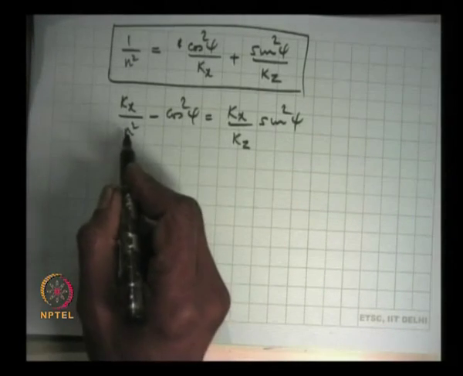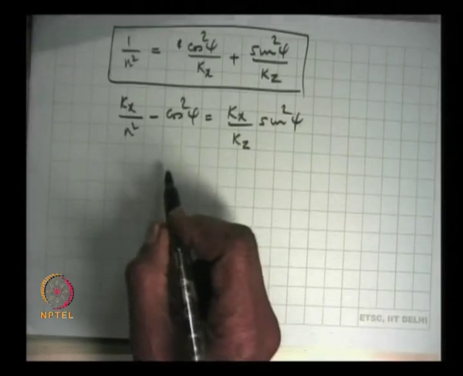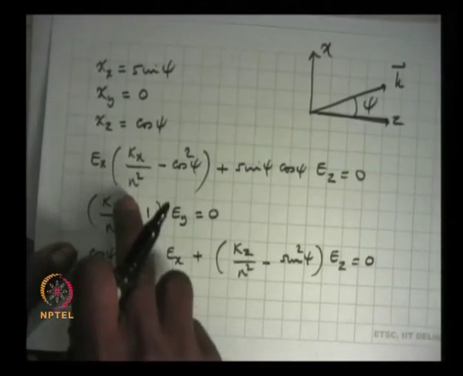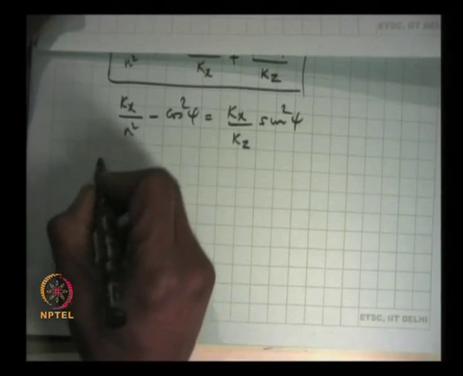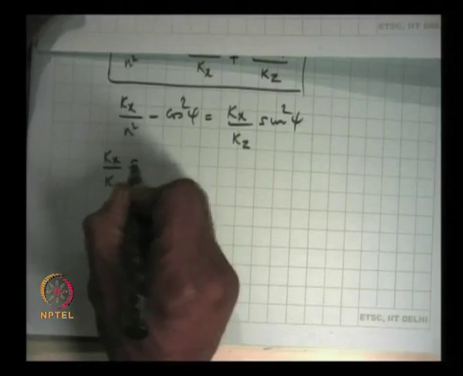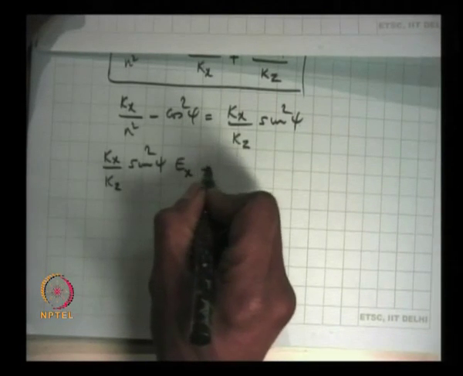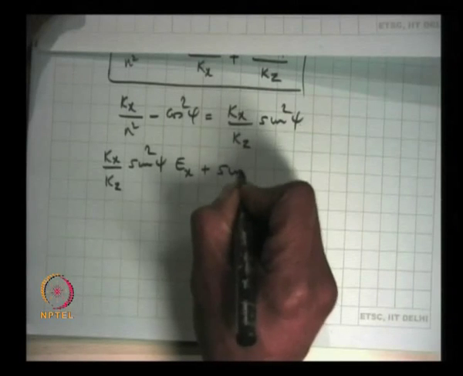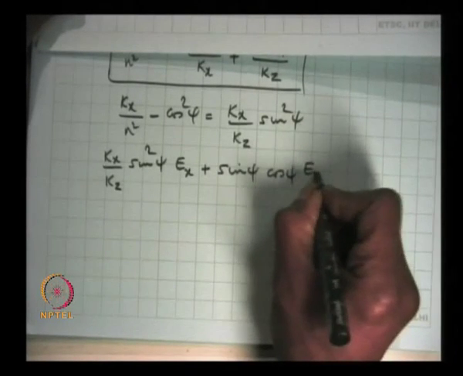So, I substitute for k x by n square minus cos square psi into this equation, and I will get k x by k z sin square psi E x plus sin psi cos psi E z is equal to 0.